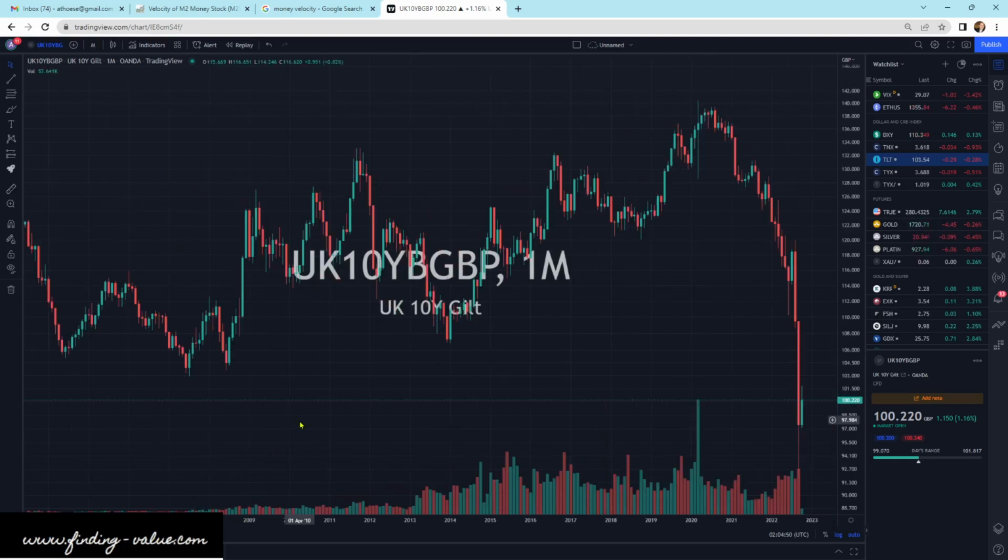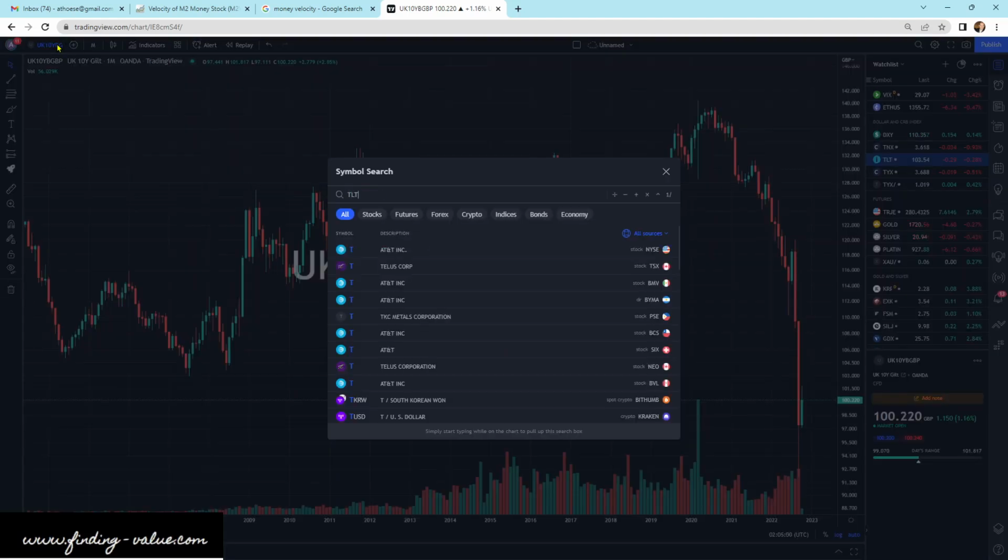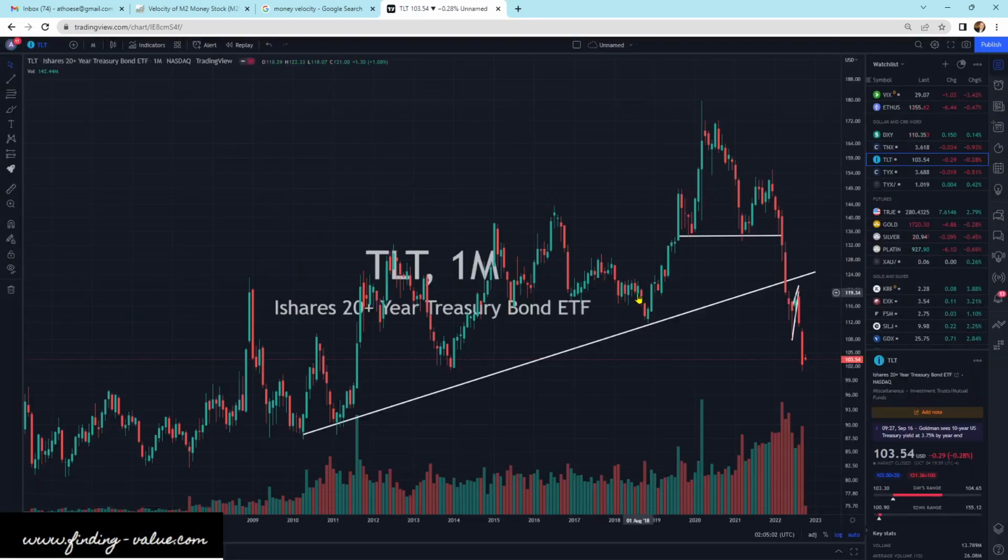Bond crisis, currency crisis. And we're seeing people run to safety in the form of precious metals and stuff like that. But we're also seeing not just that, but the bond prices of America, the 20-year, have also ripped to the downside.